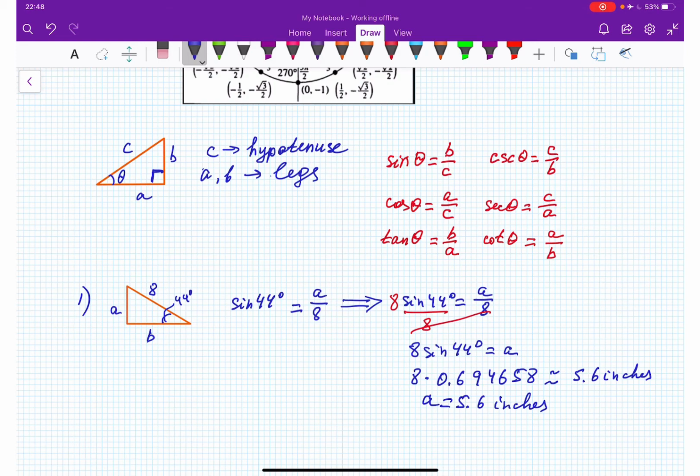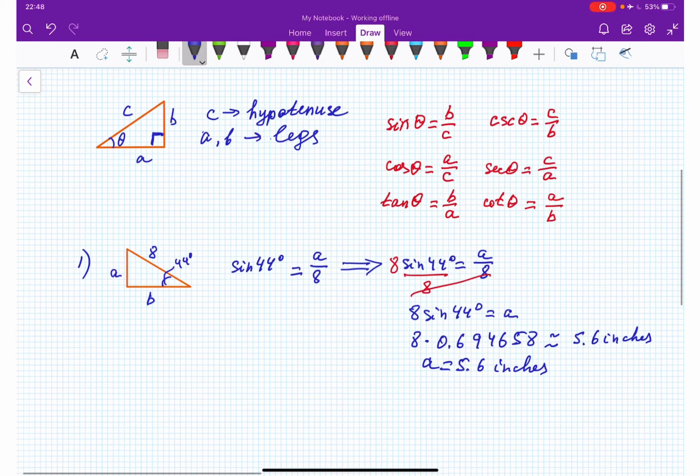Okay, now let's find B. There are two choices. You have the hypotenuse is 8, right? Now you have A also.